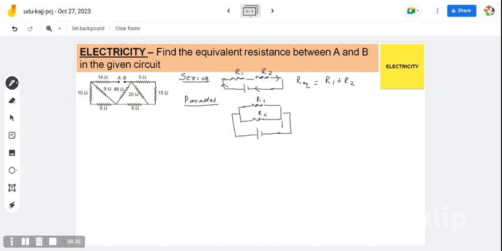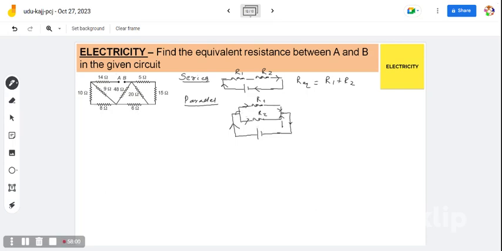The current coming through the battery comes over here and is divided into two branches, R1 and R2, and again it is getting combined. This current is coming from here, this current is coming from here, they are getting combined at this point, and the resultant current is passing through the battery again.